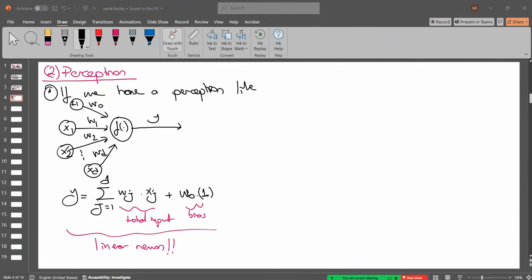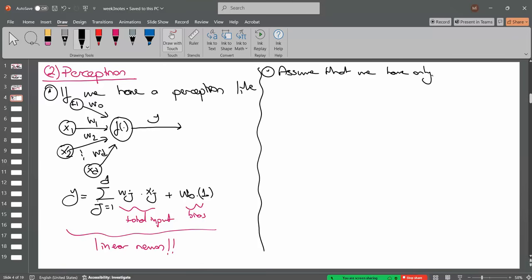But what is the meaning of the geometrical representation of this neuron? In the first place, assume that we have only two features. In geometry, we can draw two axes here, just like this one, x1 and x2, at a right angle.